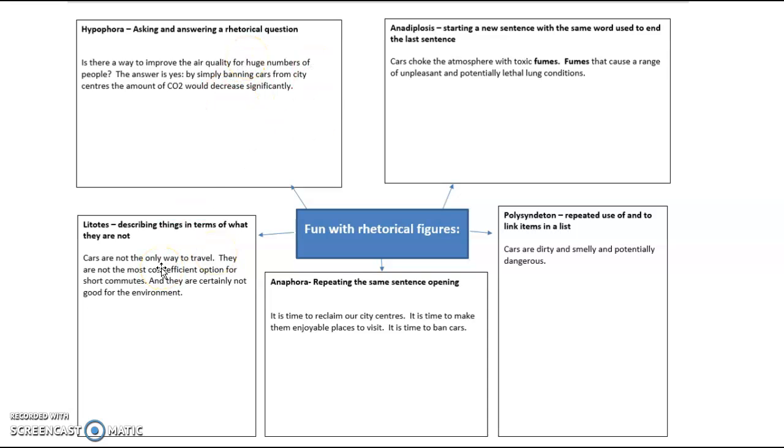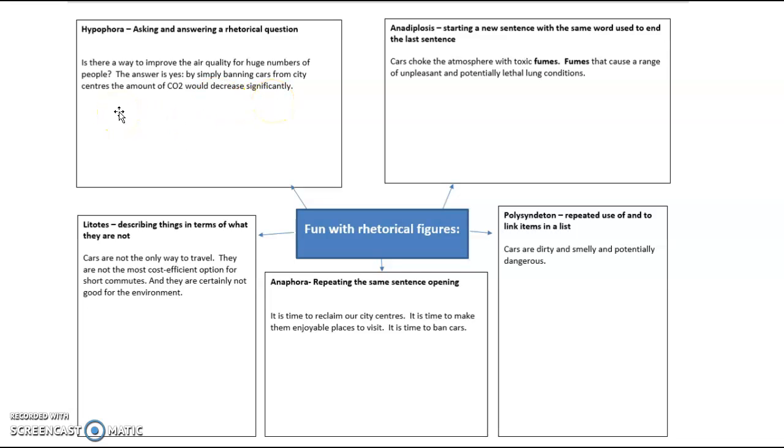Now, these sentences are in response to a task, cars should be banned from city centres. So it's quite different to yours. But it doesn't matter because what you can see here is how I've used the devices. I've said here, is there a way to improve the air quality for huge numbers of people? The answer is yes. By simply banning cars from city centres, the amount of CO2 would decrease significantly.